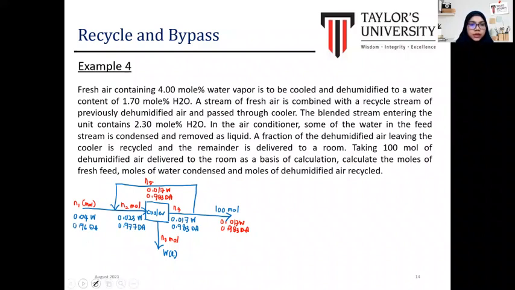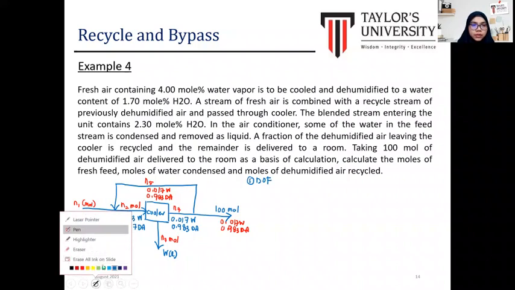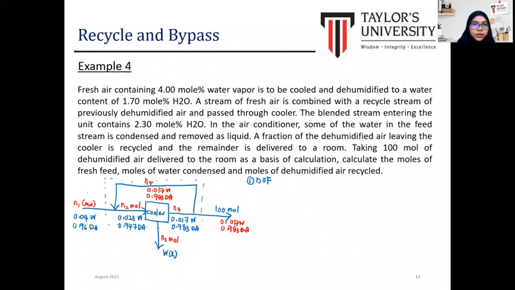And then we define the unknown variables. Then we can start our calculation, first by preparing the DOF analysis. For the overall system, you need to have the boundary. We have the overall system boundary. So we have the input N1, output 100, and output N3.